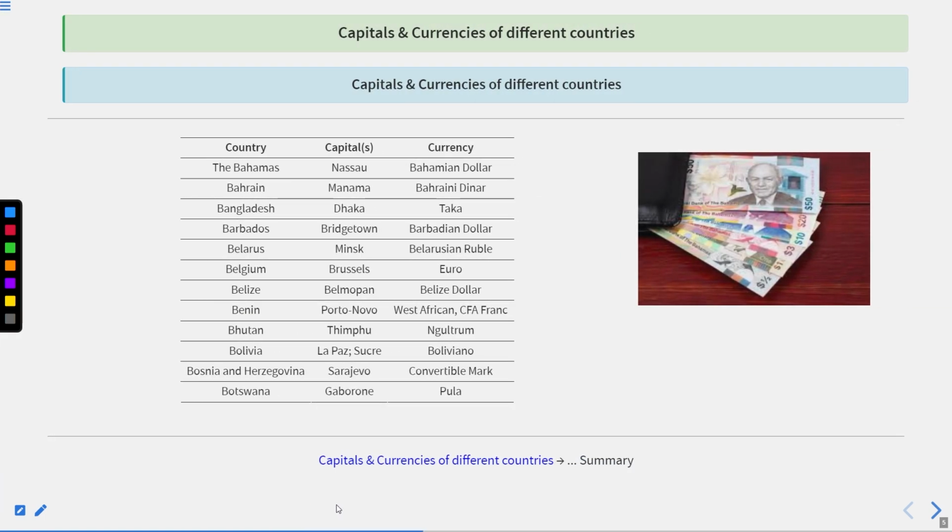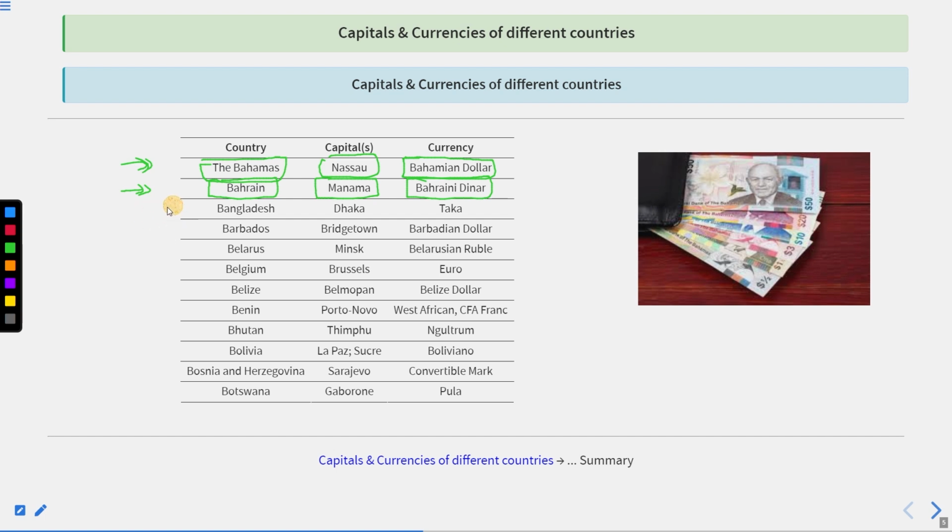Then, as we move forward, the country is the Bahamas. Capital is Nassau, and the currency is Bahamian dollar. Bahrain is a country. Capital is Manama. Currency is Bahraini dinar.